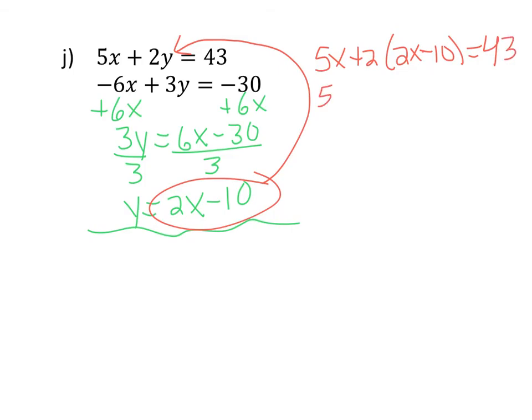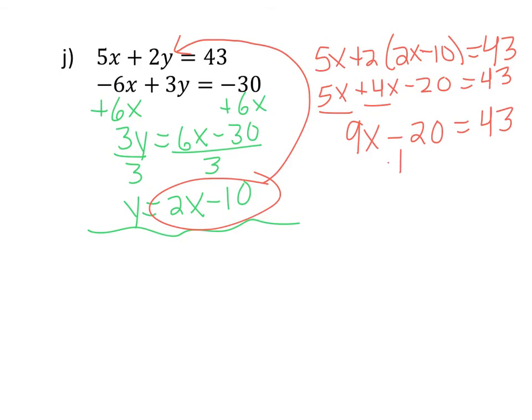Distribute the 2. 5x plus 4x minus 20 equals 43. Combine like terms. 9x minus 20 equals 43. Add 20 to both sides. 9x equals 63. Divide by 9.